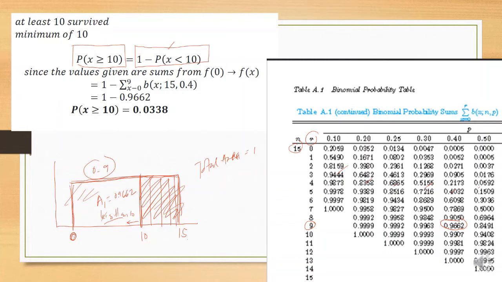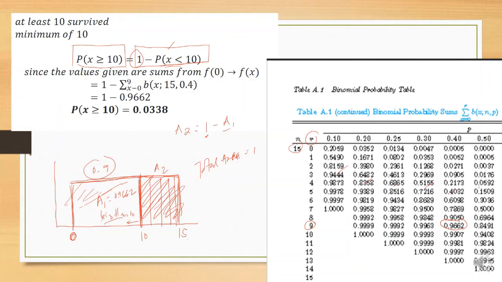So, kung 1 yan, at etong area 2 ang kinukuha natin, ang area 2 natin is 1 minus area 1. Okay? So, kaya, meron tayong 1 minus area 1. Yung area 1 na to is less than 10. Okay? Kasi nandito yung 10 eh.